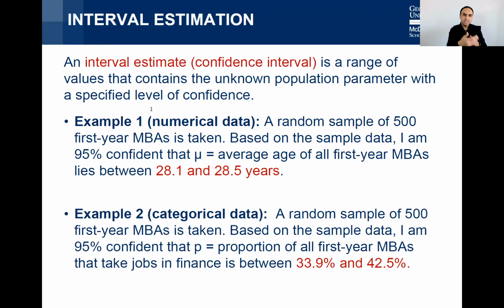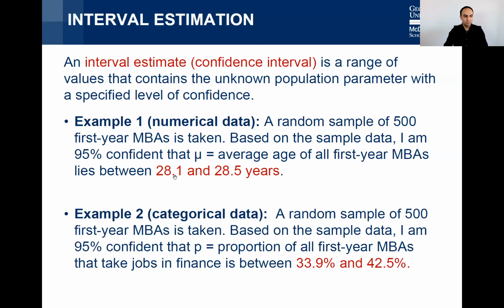But if you took a sample and, using that sample statistic, we create an interval that also includes our confidence, then we are moving from point estimate to interval estimation. As an example, for the same sample, you could have said we are 95% confident that the average age of all first-year MBAs lies between 28.1 and 28.5.